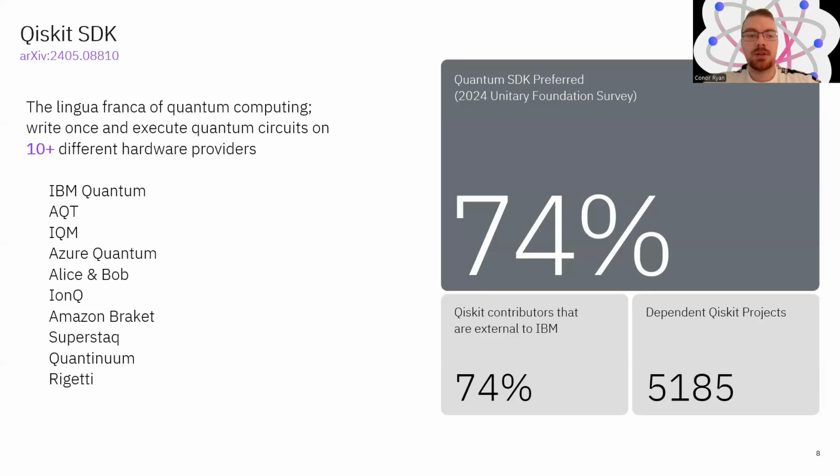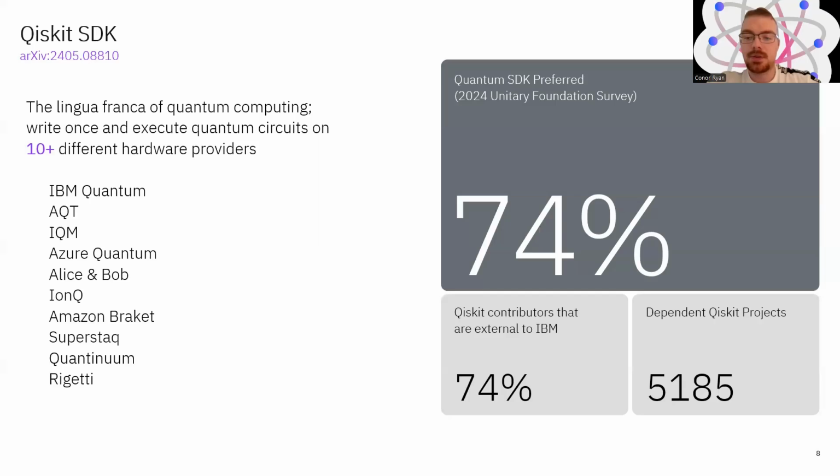And Qiskit goes beyond just IBM capabilities in its usage as well. In the Unitary Foundation survey of 2024, it was shown that Qiskit has contributions external to IBM as a company, with 74% of the contributions being from people outside of IBM, which goes to show the power of Qiskit being open source software that people can play around with and develop and try to make contributions to without having that direct connection to IBM.